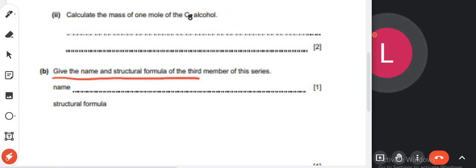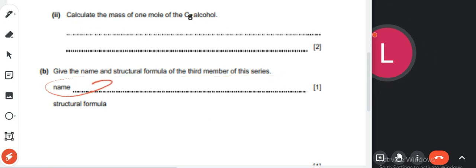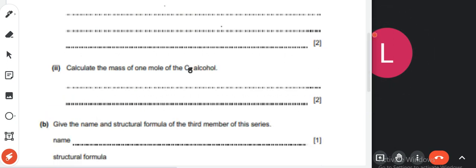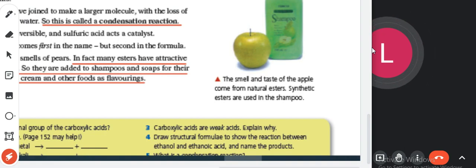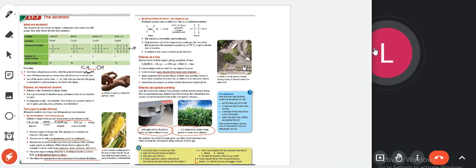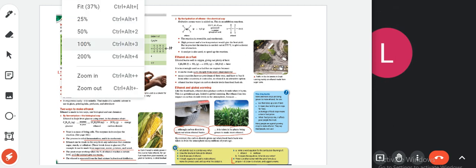So give the name and structural formula of the third member of this series. Of course, the first is methanol, the second is ethanol, the third will be propanol. The structural formula is all that we showed earlier, and represented in the previous work. You find that in the previous lesson where we did alcohols.